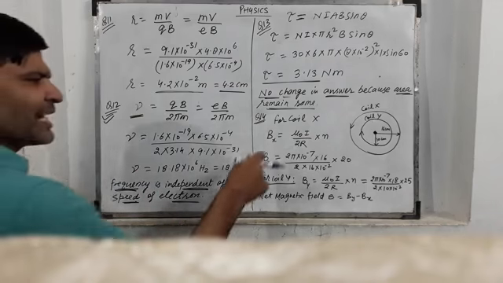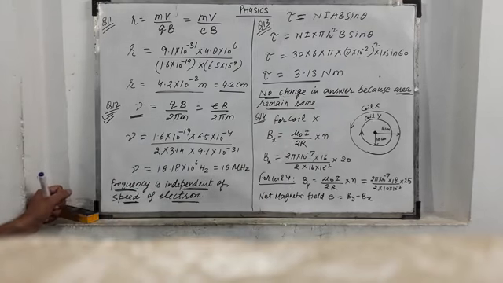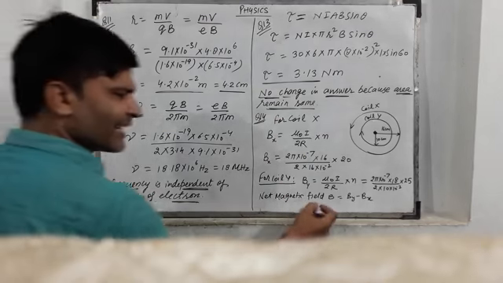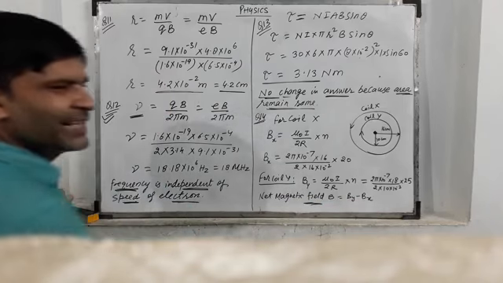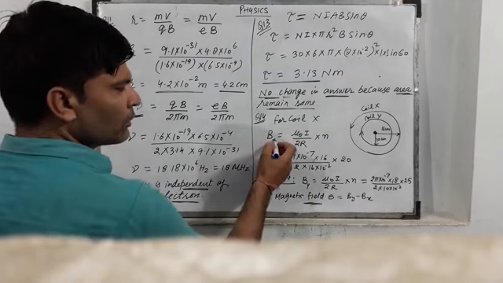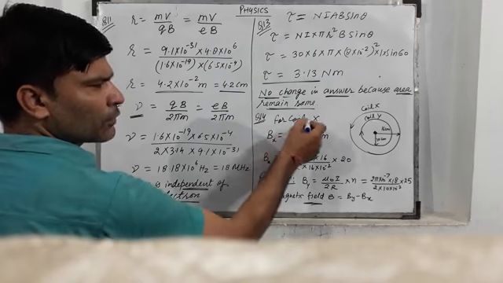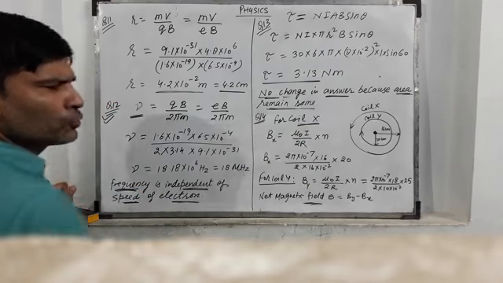For this we calculate first for coil X, then for coil Y, and then the net magnetic field is By minus Bx. So for Bx, for coil X, mu naught I upon 2r.